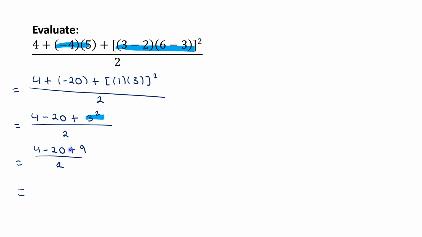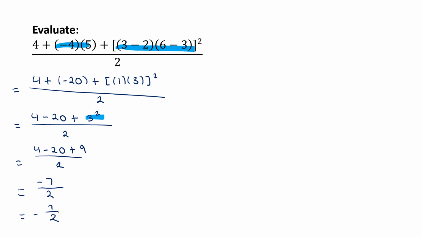If we do the top, since the bottom is already 2, it would be 4 minus 20 plus 9, which is equal to negative 7. So we write negative 7 over 2. And this is equal to negative 7 over 2.